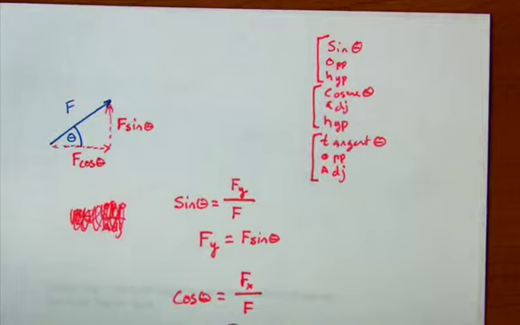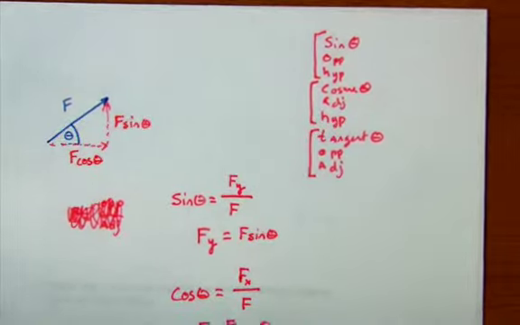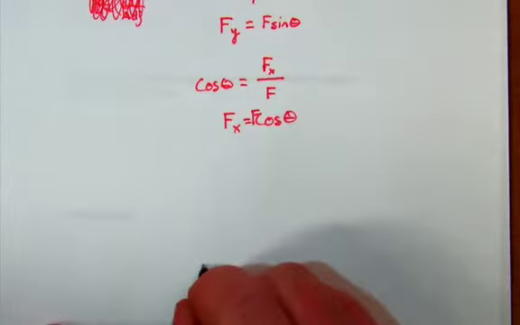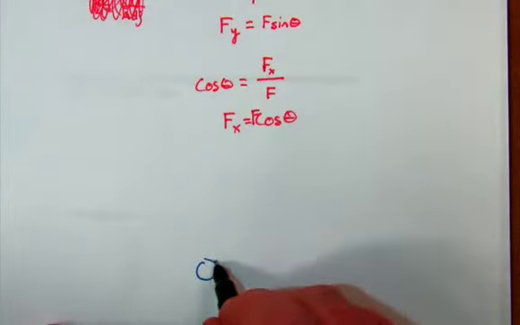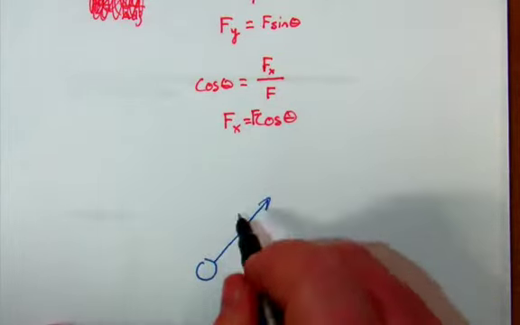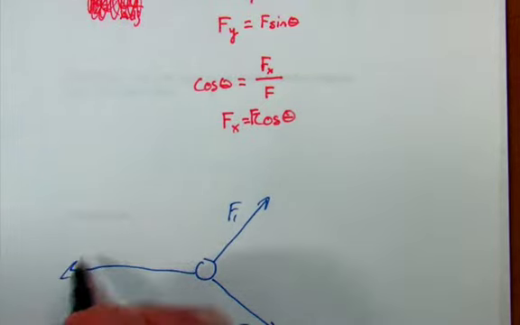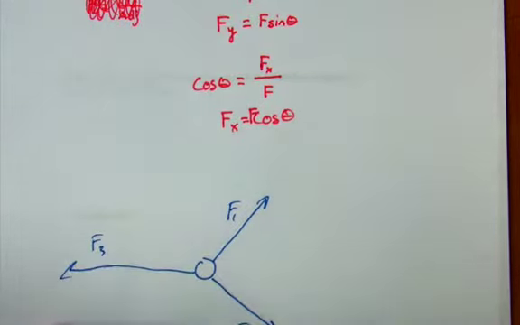That might seem kind of not very useful right now, but if you were doing, let's say, a force table problem where you had a ring and you had a force that was acting in that direction, F1, you had another force that was acting in that direction, F2, and you had a third force that was acting in that direction, F3.